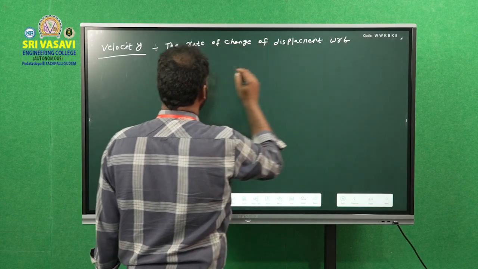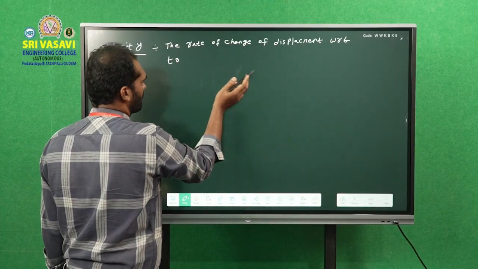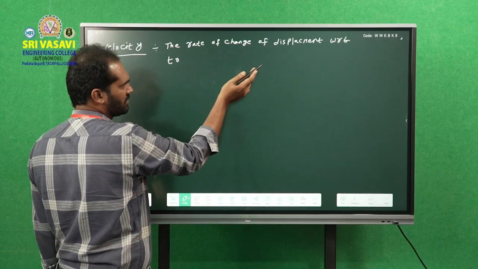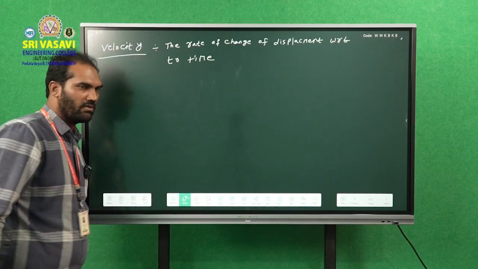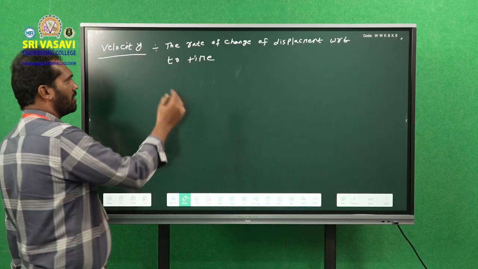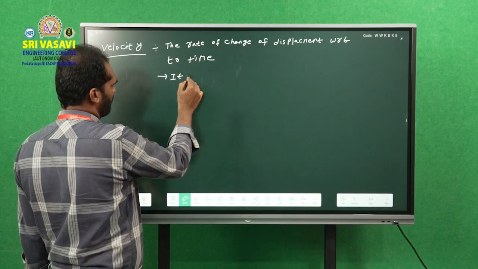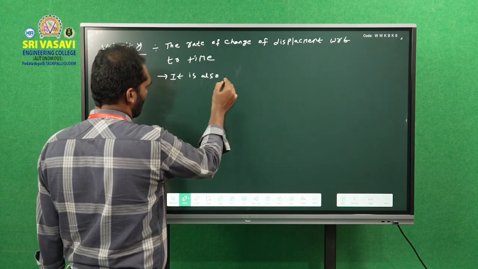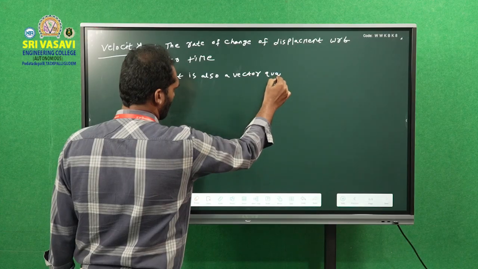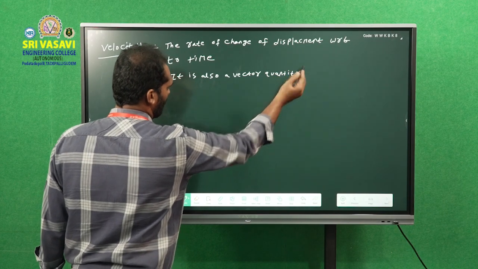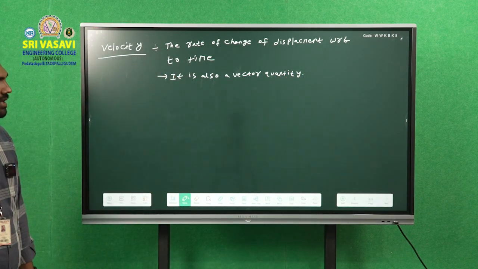So it is also a vector quantity, which has both magnitude and direction.